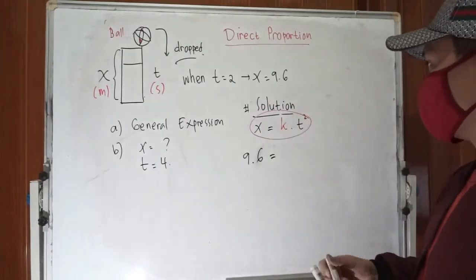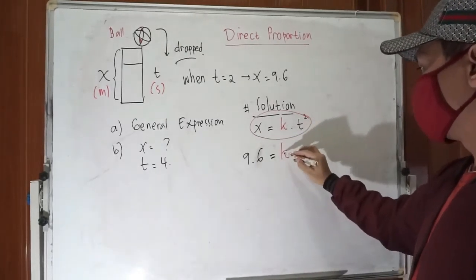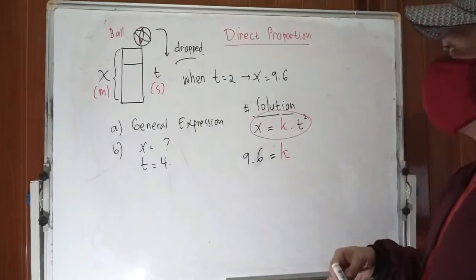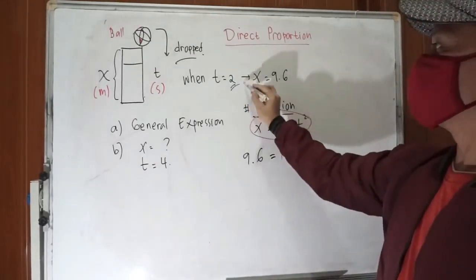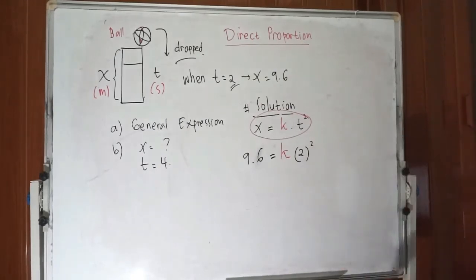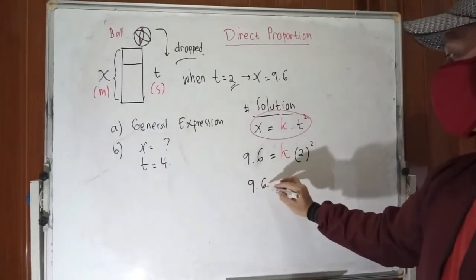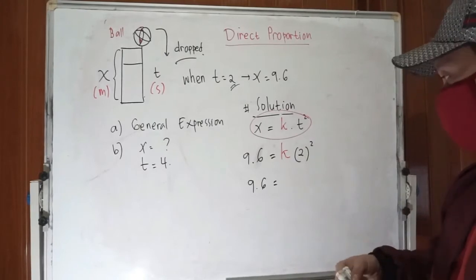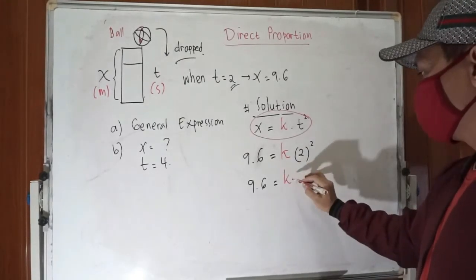And then k times t, t is here 2, squared. So 9.6 equals k times 4.